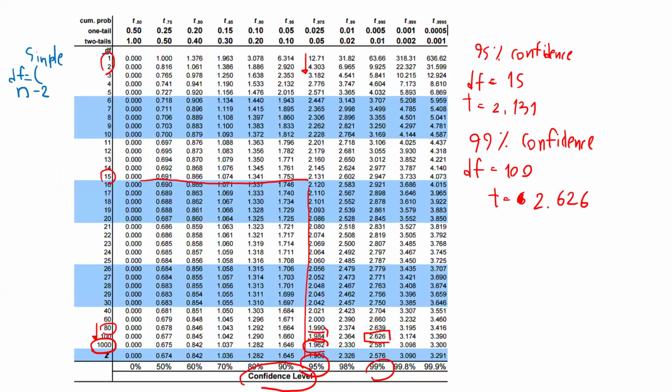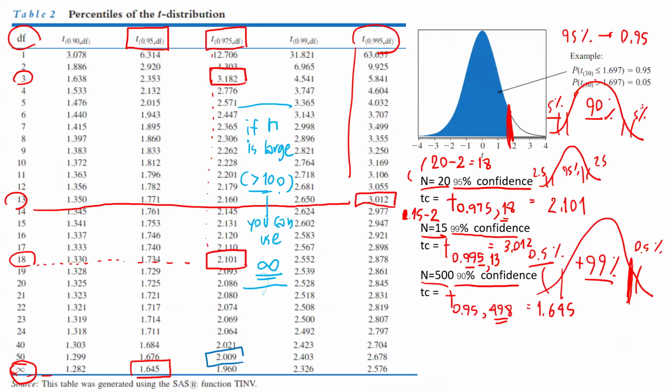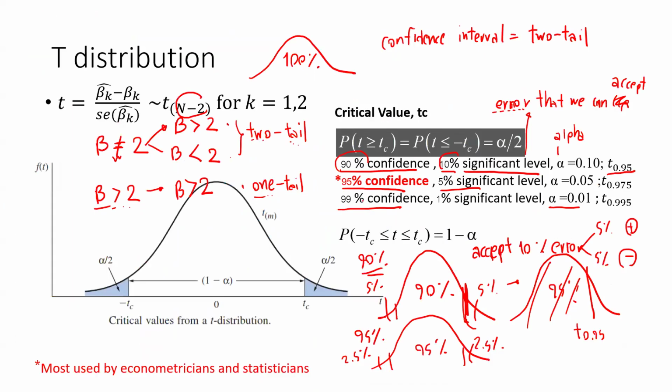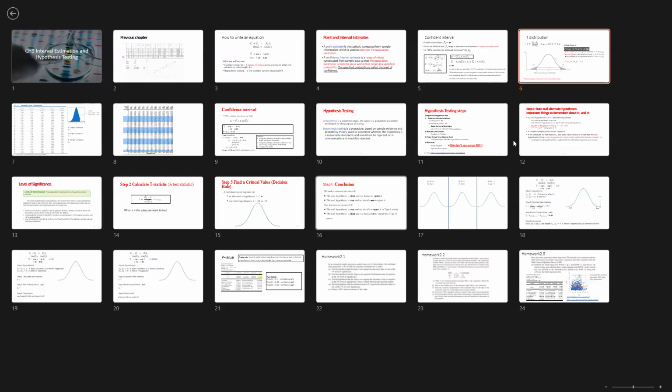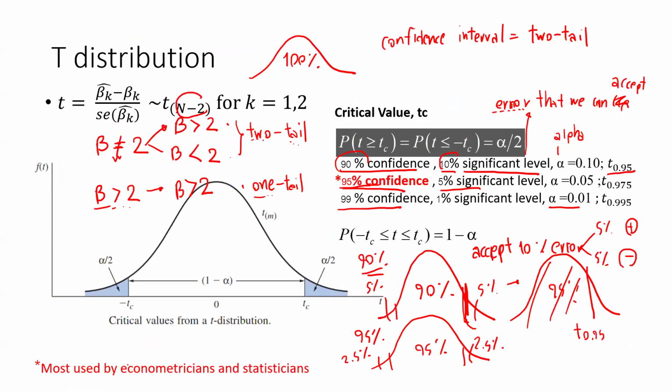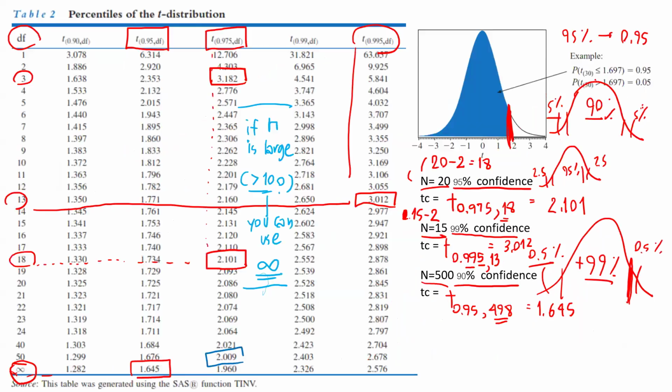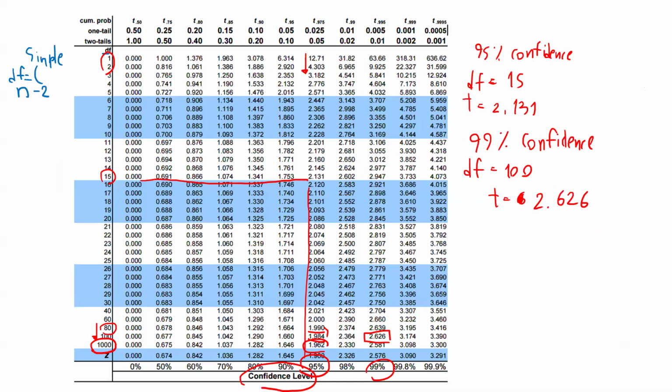Okay, so I have a magic number that you may use in the future and it is very useful. I told you already that 95% confidence is more used by econometricians. So it's good if you remember this number because it has a role in the future.